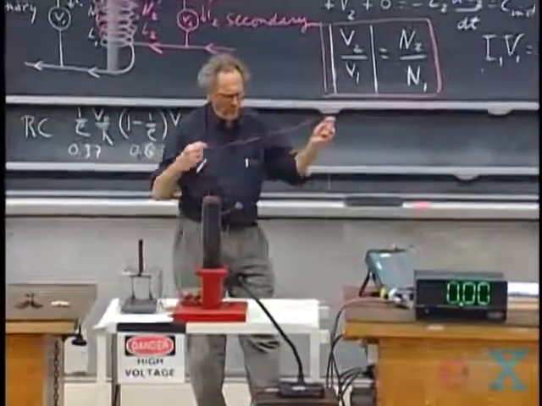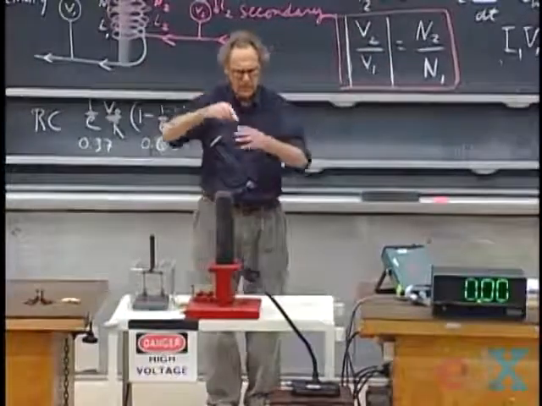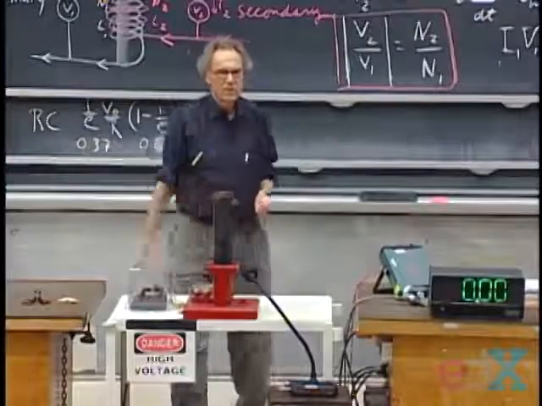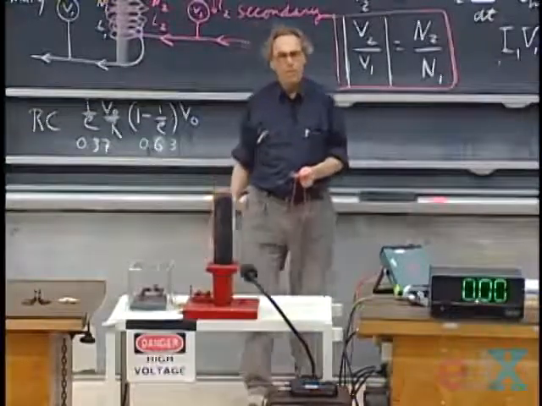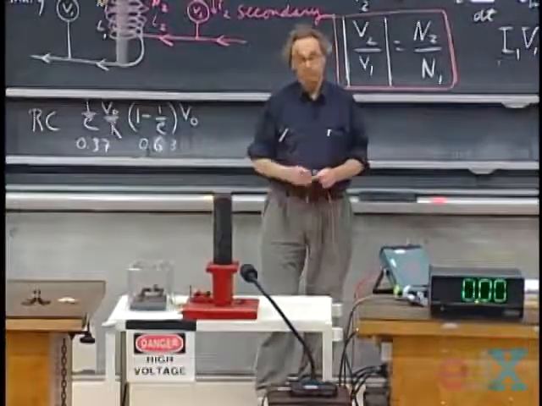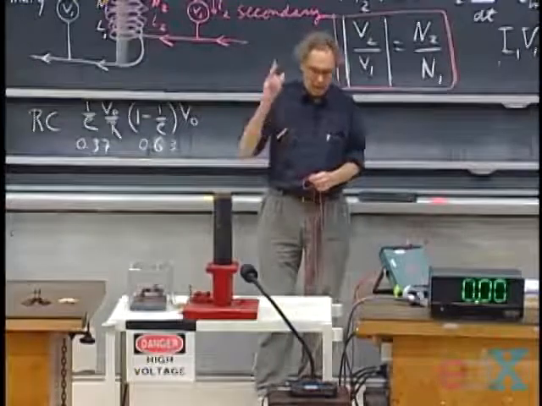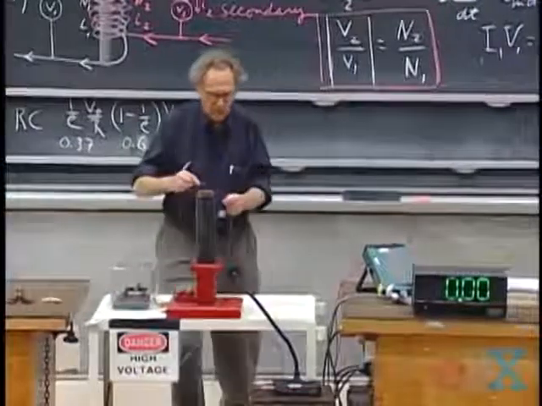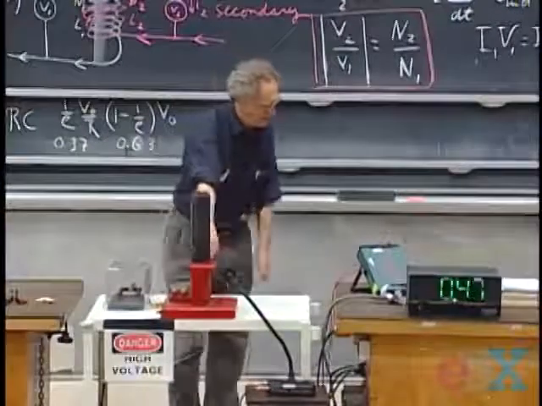So, I'm going to put one loop around there, this is a very long wire. I'm now powering this solenoid. There's an iron core in there. 60 hertz, 110 volts. And there we go. One loop around it.